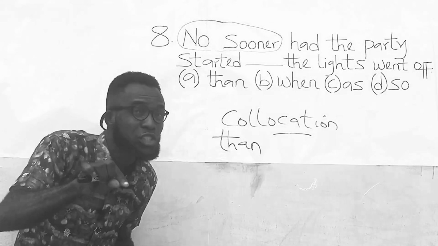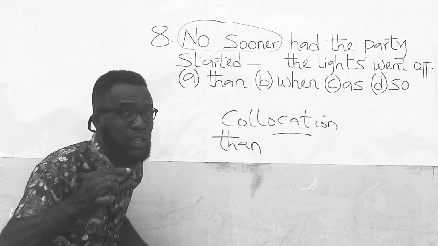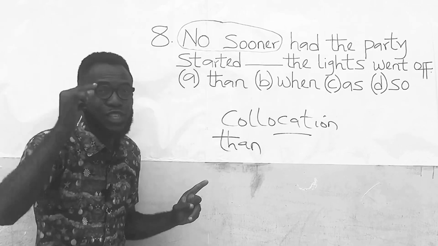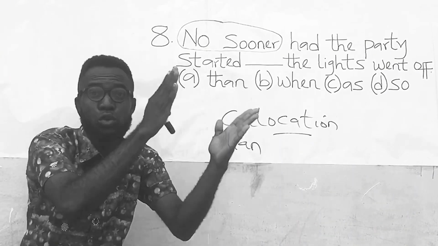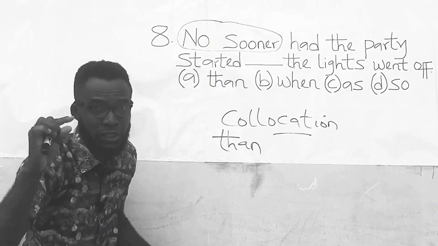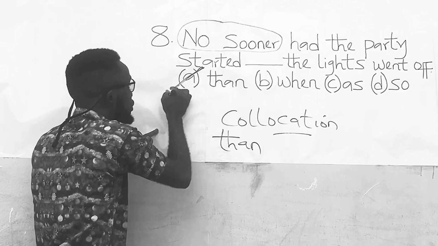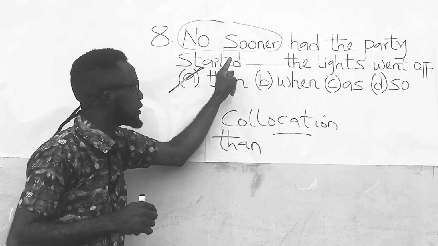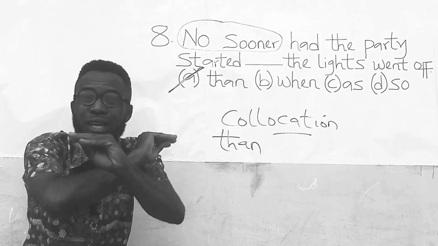Also, if a question contains the word than, then the gap in the question should be filled with the phrase no sooner. The reason is that they collocate with each other. No sooner than. For that reason, the correct option for this question is option A. So that the question reads, no sooner had the party started than the lights went off. I believe this is understood.